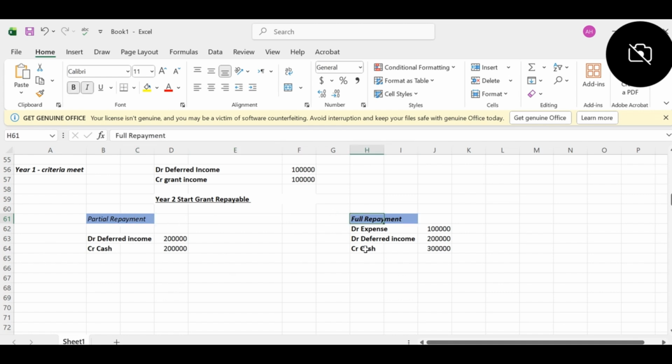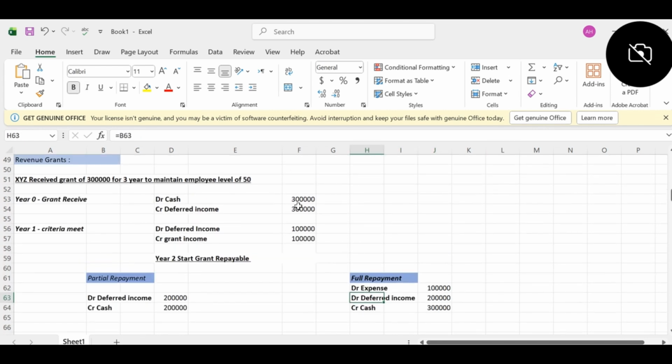For full repayment, we will credit the whole grant amount, 3 lakh, and debit the deferred income which is not yet recognized, 2 lakh, and the income which is already recorded will be debited as an expense. In a partial repayment, the income which is already recorded will not be treated. We'll just credit the 2 lakh deferred income, and debit the 2 lakh deferred income.